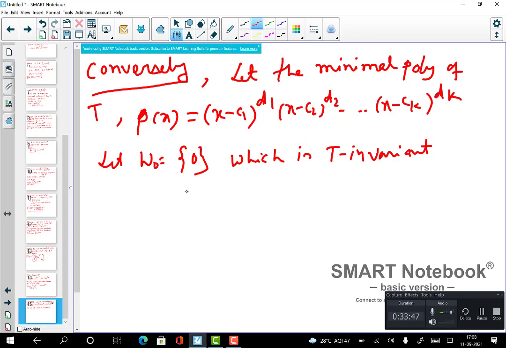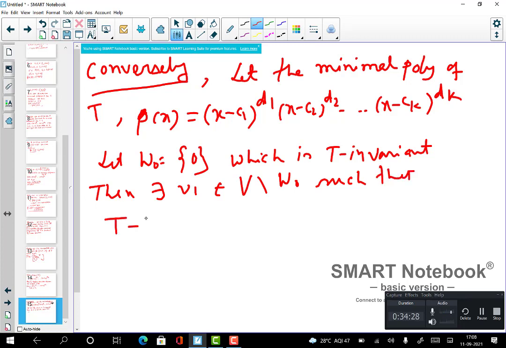So for this T invariant space, we will apply the previous lemma. There exists a vector v1 belonging to V, which is not an element of W0, such that (T minus cj I) of v1 is an element of W0, which is 0.